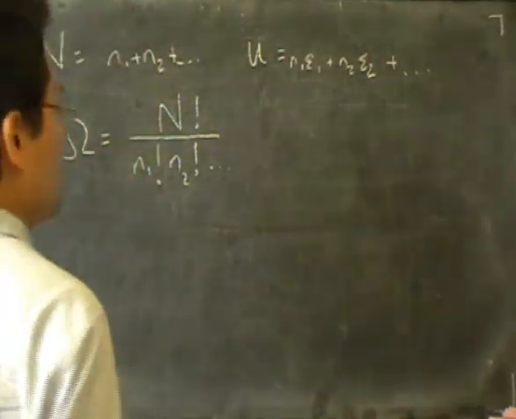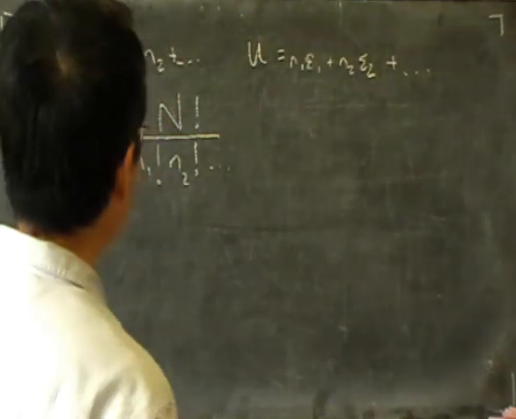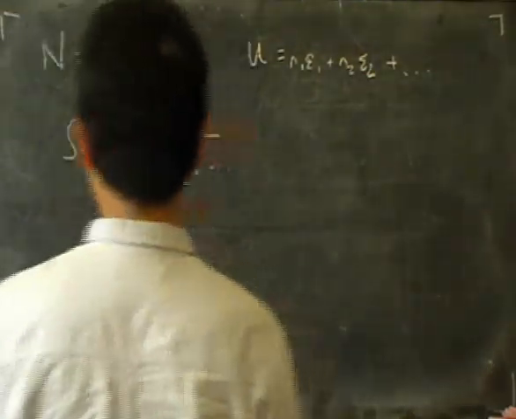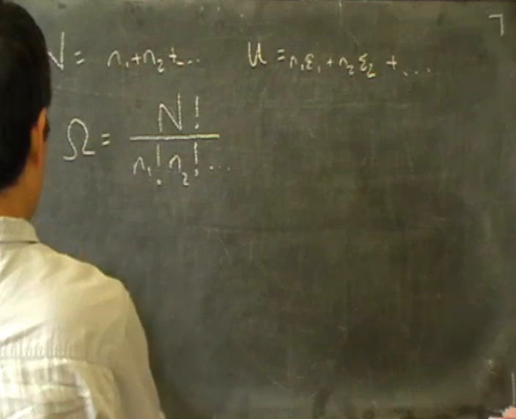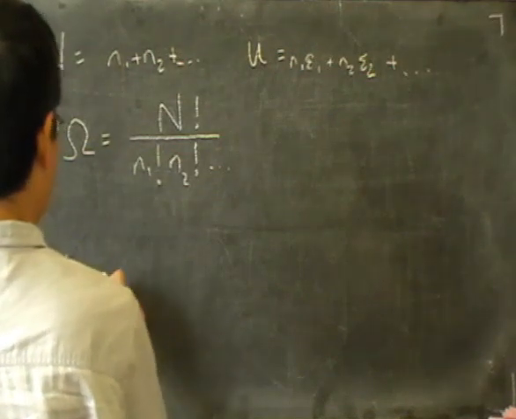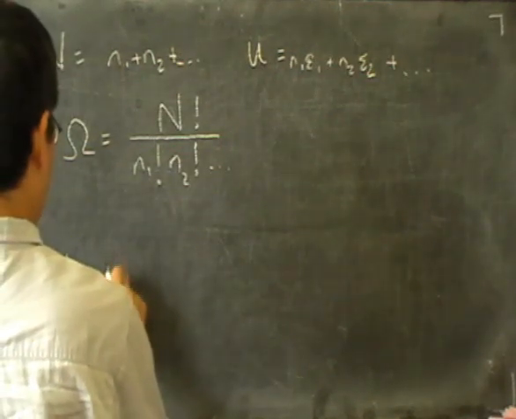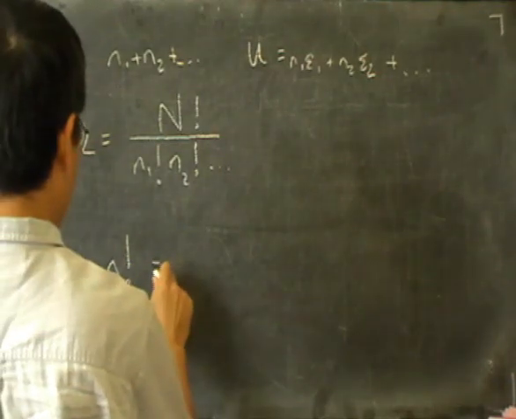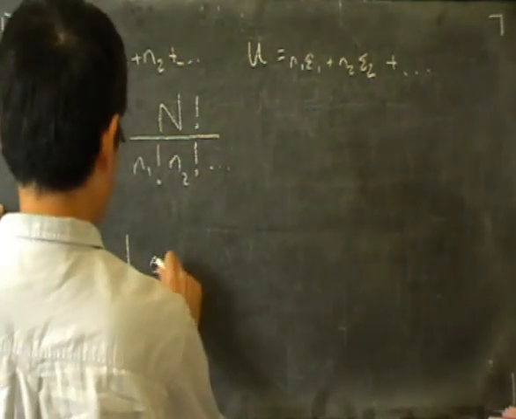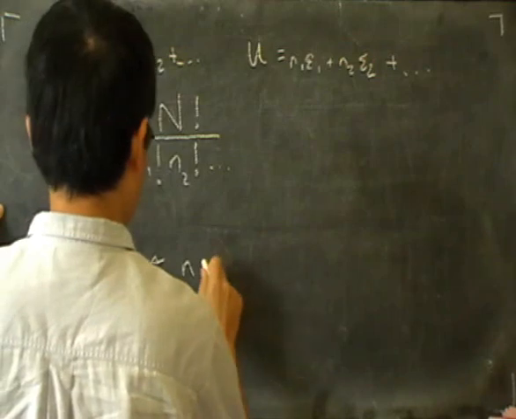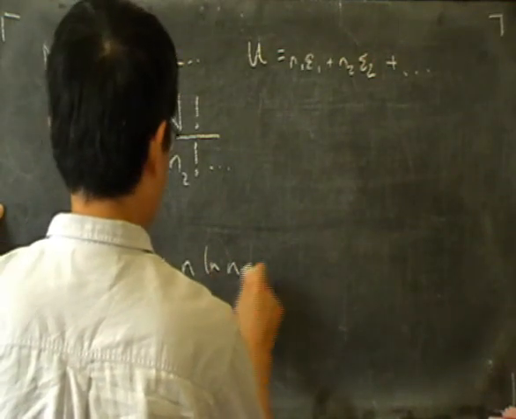It's called Stirling's approximation. It says that the log of n factorial is approximately equal to n times log of n minus n.